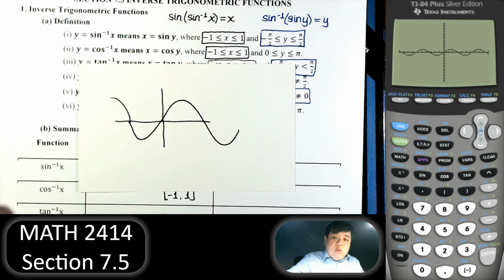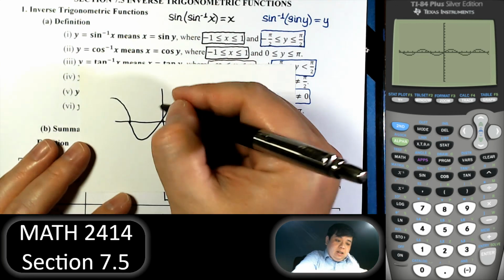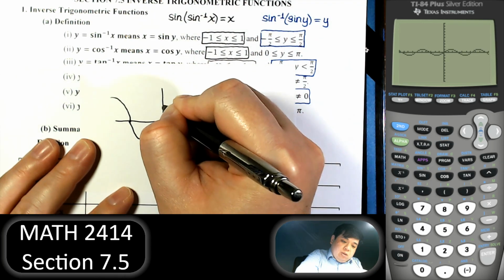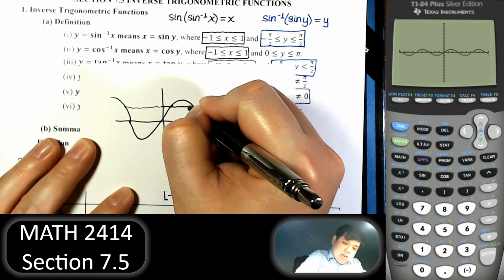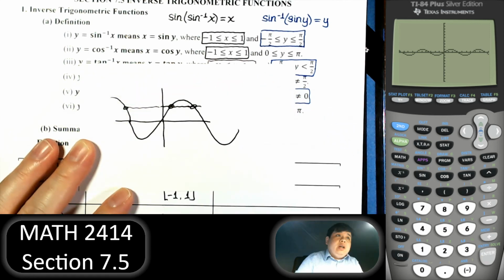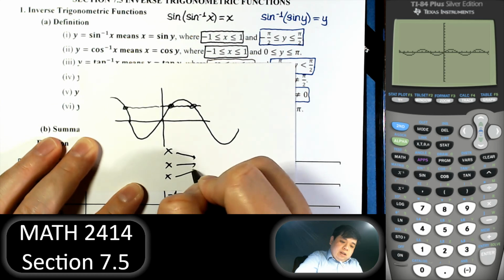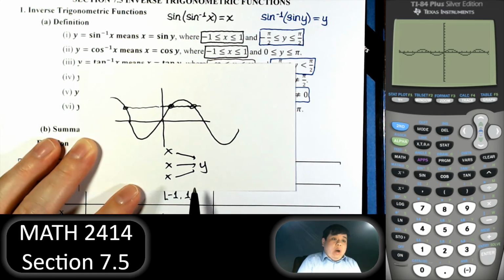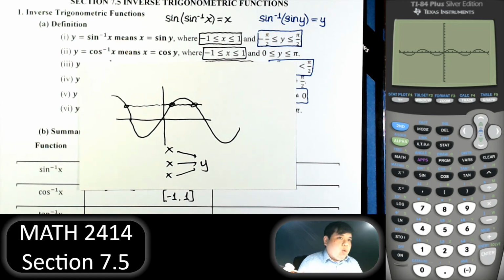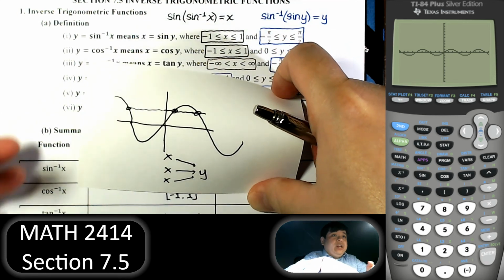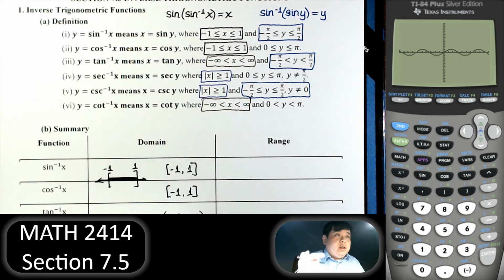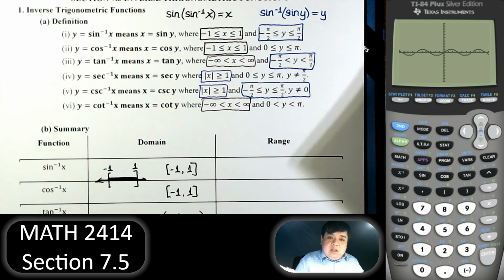If we talk about the whole graph, when there's one y value, there are a bunch of x values. So if we have three different x values like this, they give us one y value. When we go to the inverse, we don't know which x we're talking about. So we have to have one x and one y, so we can go from x to y and then from y to x. That's why we need a one-to-one function for the inverse to exist.